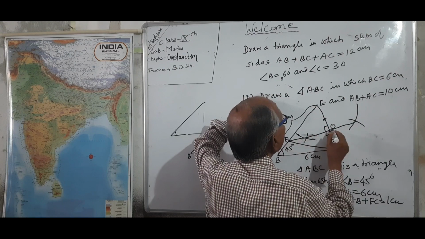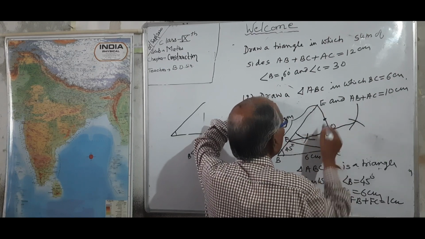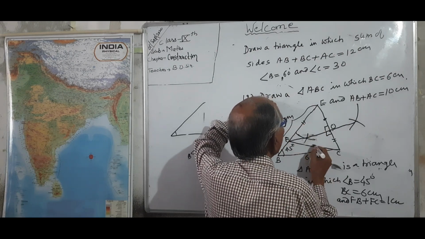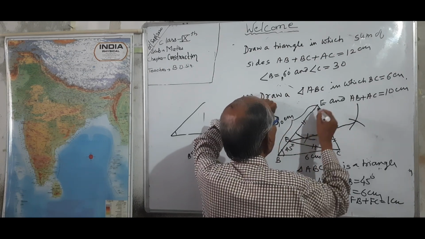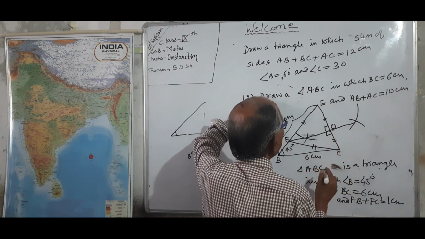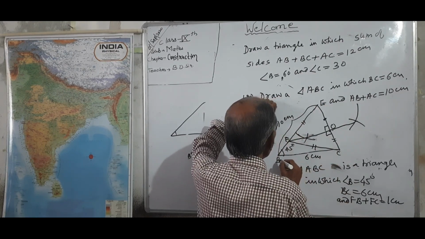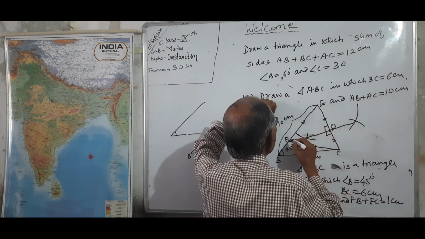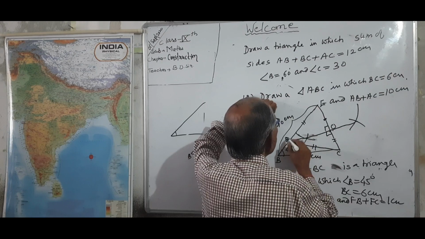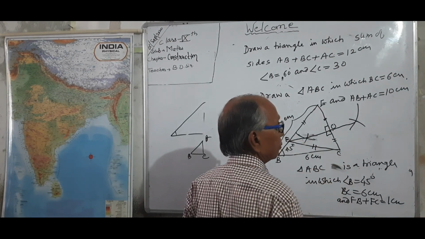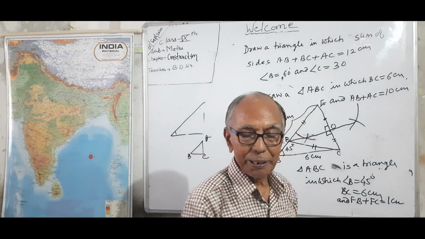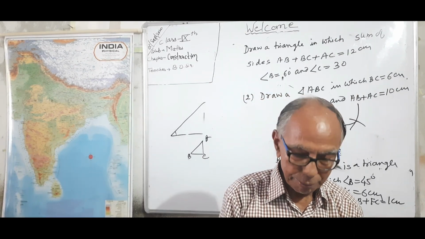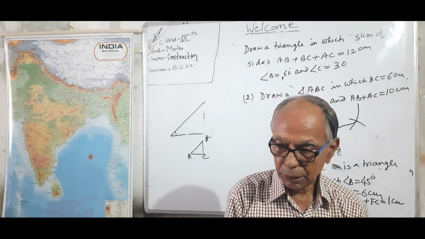So the triangles FOE and FOC are congruent. Therefore, this side is equal to this side. But the length of BE is equal to 10 centimeter. So we may write BF plus FE is equal to 10 centimeter, and so BF plus FC is also equal to 10 centimeter. We have proved it also, though it is not in need of proof.